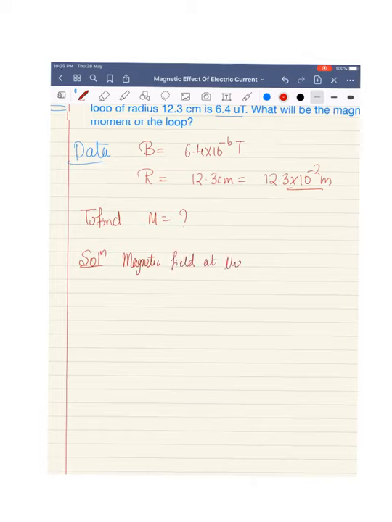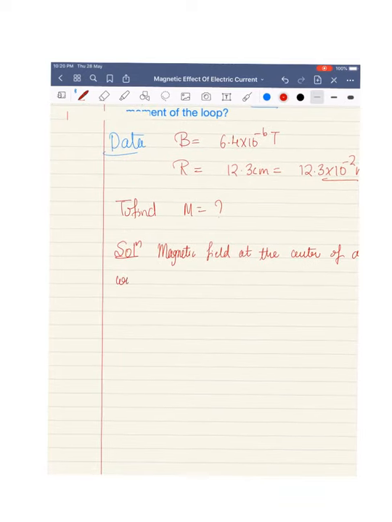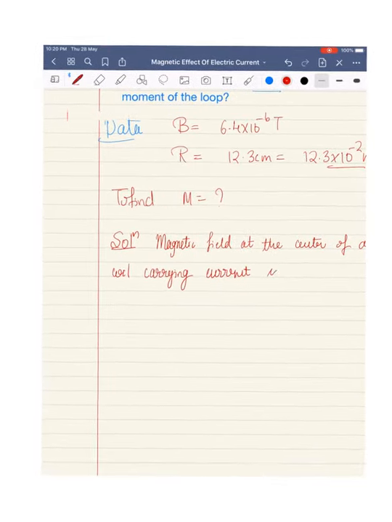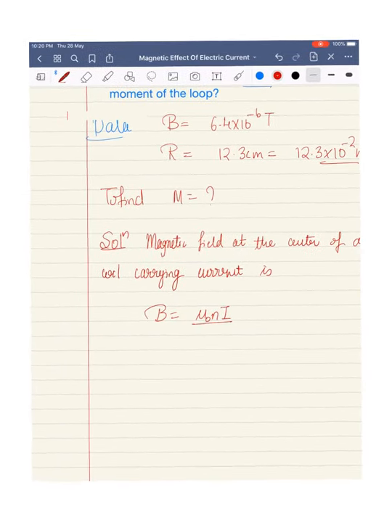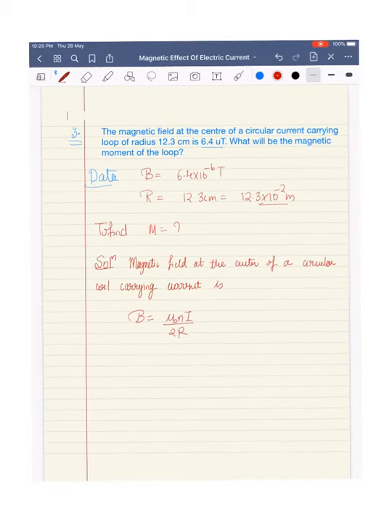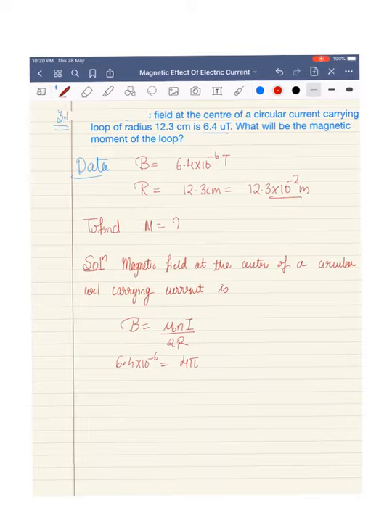The magnetic field at the center of the circular coil carrying current is given by B is equal to mu naught N i divided by 2R. So B value is 6.4 into 10 raised to minus 6 Tesla.